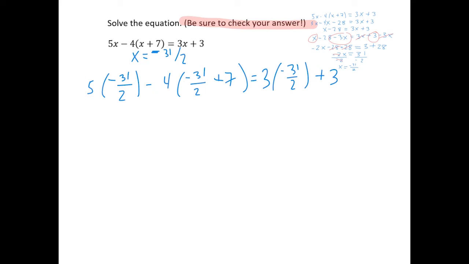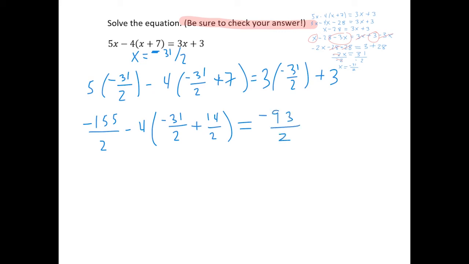So that's just going to give us 5 times negative 31, which is negative 155 over 2, minus 4 times, on the inside here I need to get a common denominator between negative 31 over 2 and 7, where 7 is the same thing as 7 over 1, so the least common denominator would be 2, which is going to give us negative 31 over 2 plus 14 over 2 equals 3 times negative 31 over 2 is going to give us a negative 93 over 2.